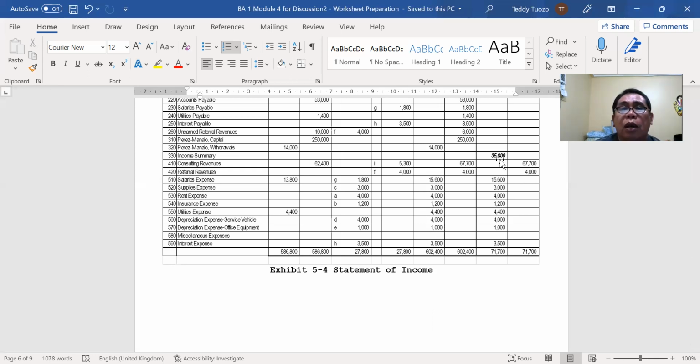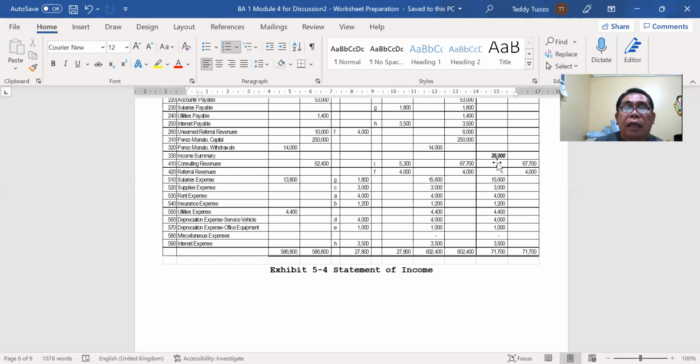When the balancing figure is on the debit column of the statement of income, meaning to say that is a net income. Looking at the worksheet, the credit is greater than the debits. So if the income summary in the worksheet is placed on the debit column under the statement of income columns, then it means there is a profit or net income.